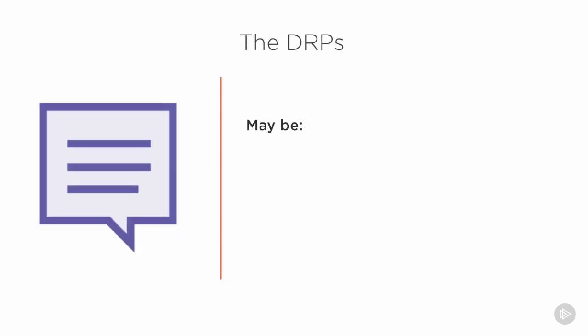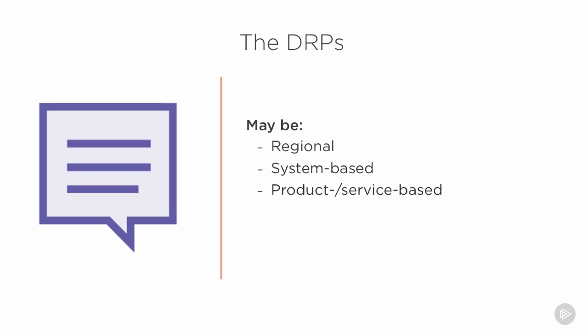So the disaster recovery plan itself could be based on, well, what's a plan if we have an outage in this one region and we lost this office in this area? Or it could be that we have a plan based on what would happen if we lost this system. How would I recover that system? In other cases, the plan could be based on, so what would happen if this product or service was unavailable?